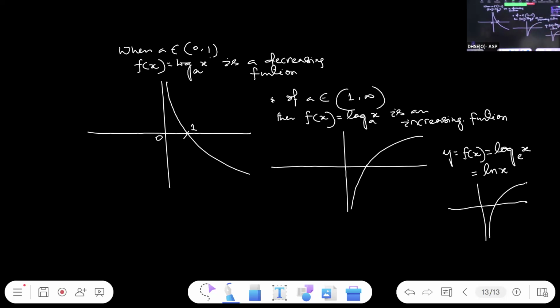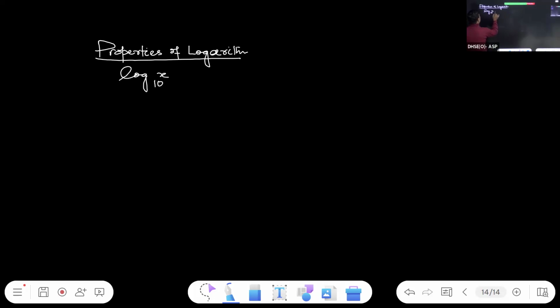Come to properties of logarithm. First, write down: log x to the base 10 is called the standard logarithm.